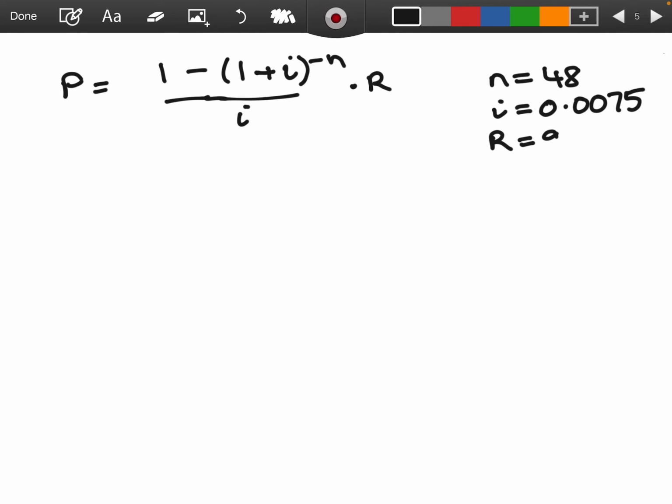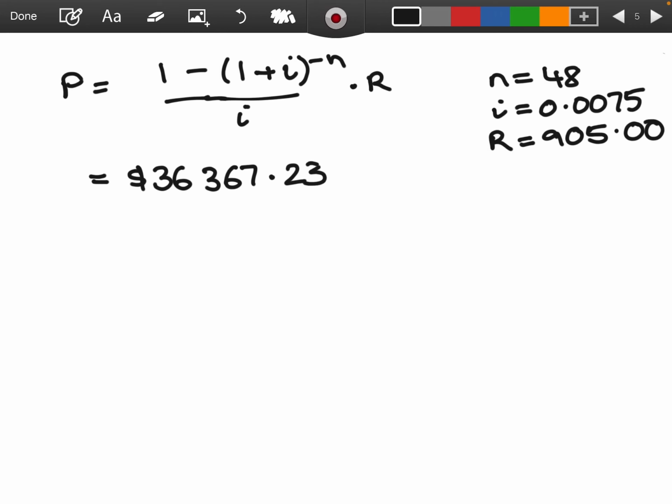And R, I now know my monthly payment to be $905. So if you plug all of that in, you find that when you have 4 years left, the amount that you still have left to pay is $36,367.23.